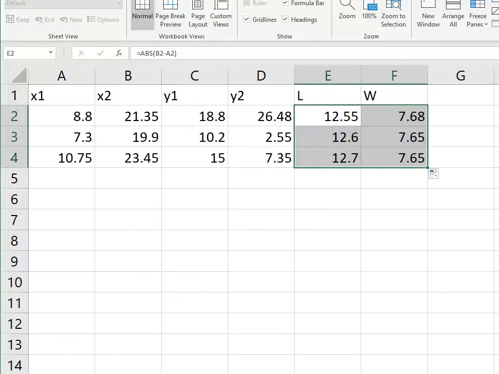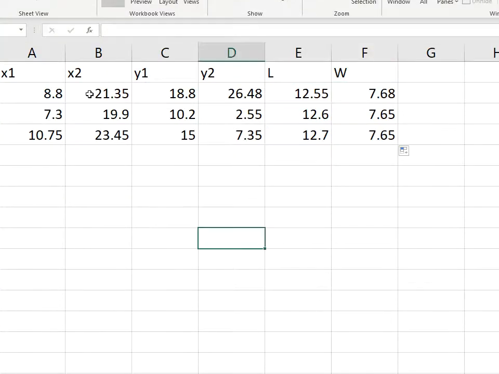Now, it can be noted that these two x's are connected and these two y's are connected, but really this measure of length is not connected in any intrinsic way to that measure of width. So these are distinct trials of length and width.